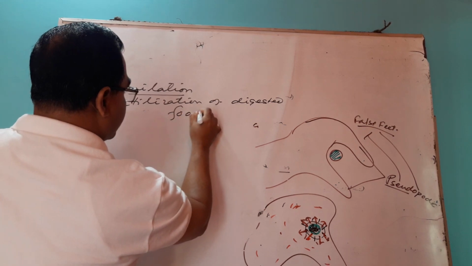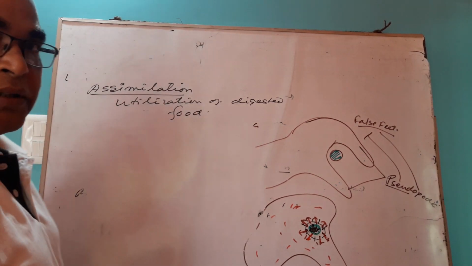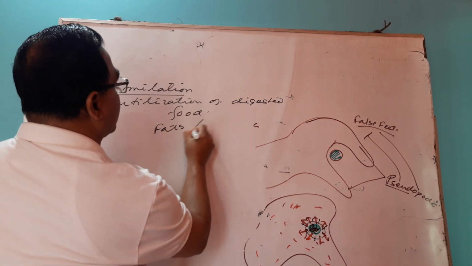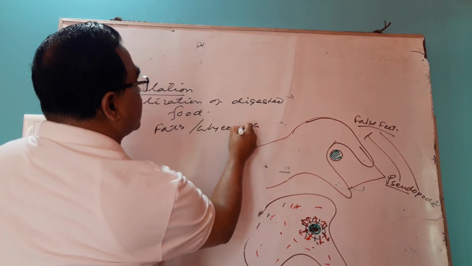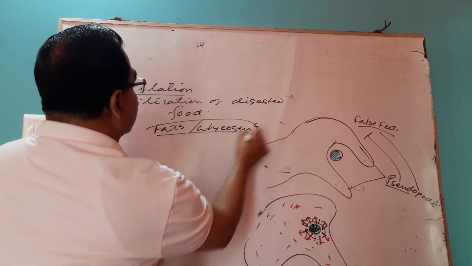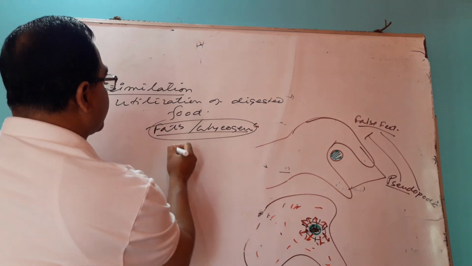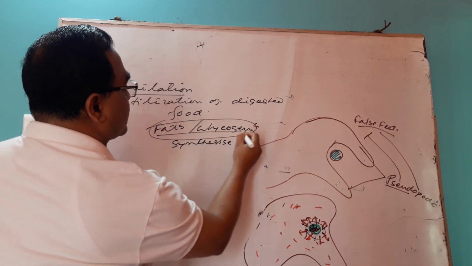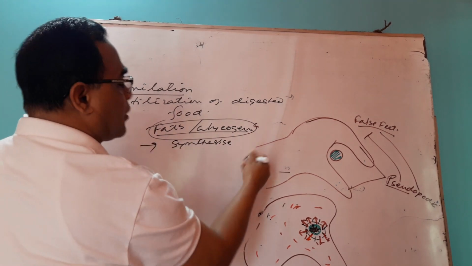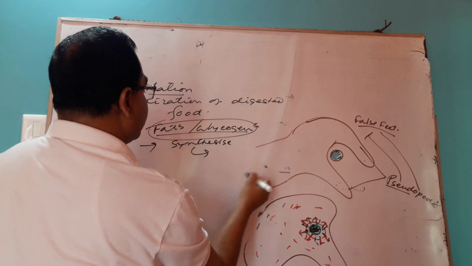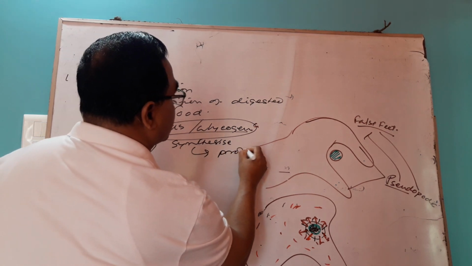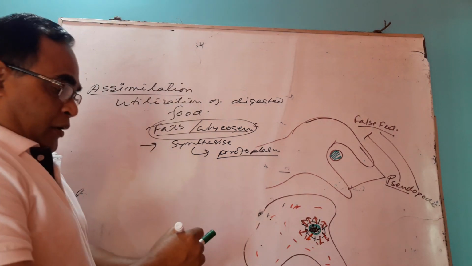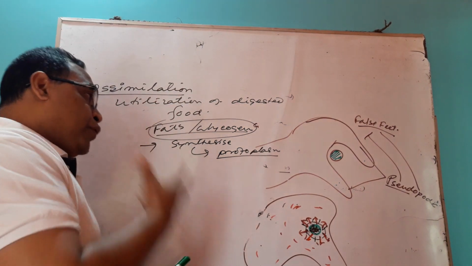So the food which is absorbed in the cytoplasm is stored in the form of fats and in the form of glycogen, and this food will be used to synthesize different components of the cytoplasm, like the cytoplasm itself, protoplasm, and different components of the protoplasm.